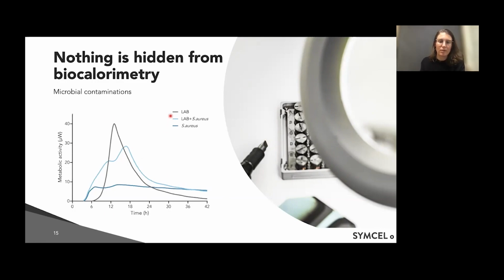So you have a unique thermogram for a lactic acid bacteria, and also a unique thermogram of S. aureus. Both here were grown in milk, but if you co-cultivate them, you can see that the thermogram changes. So if you cultivate your known bacterium, you exactly know how the thermogram looks, and if there's a change, that would clearly indicate that you have a contamination in your batch.